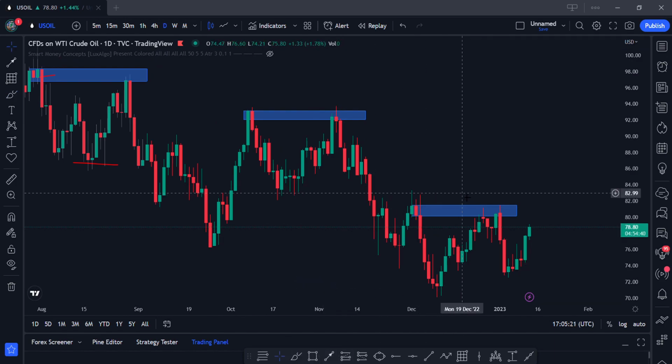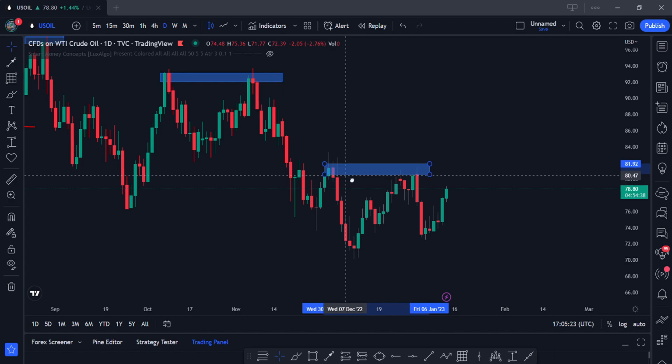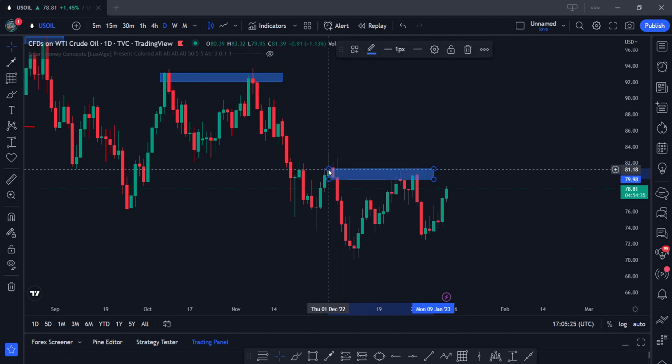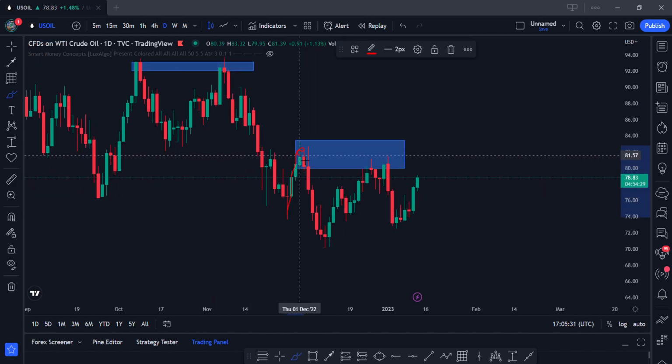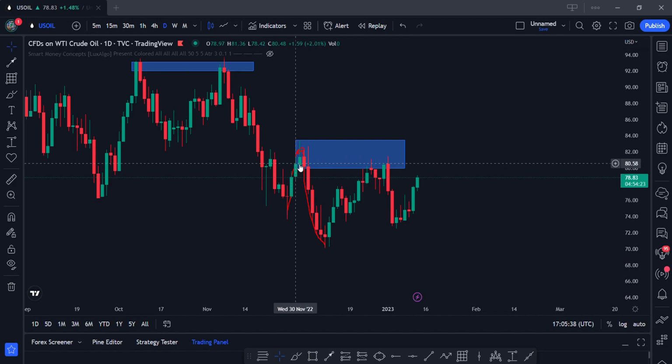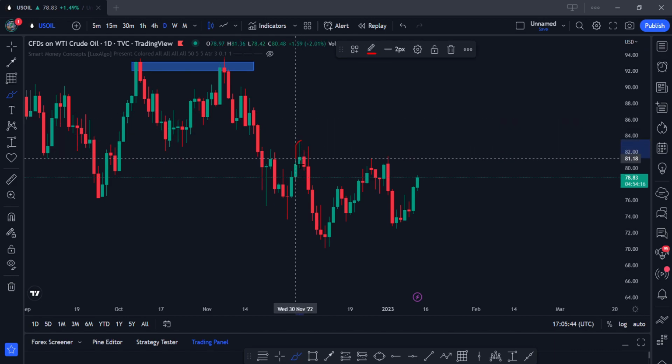As I said earlier, order blocks are basically the last bullish candle before price pushed downwards to break the swing low of this trade. So here we have identified that this candle is the last bullish candle before price fully pushed downwards, breaking past this swing low.